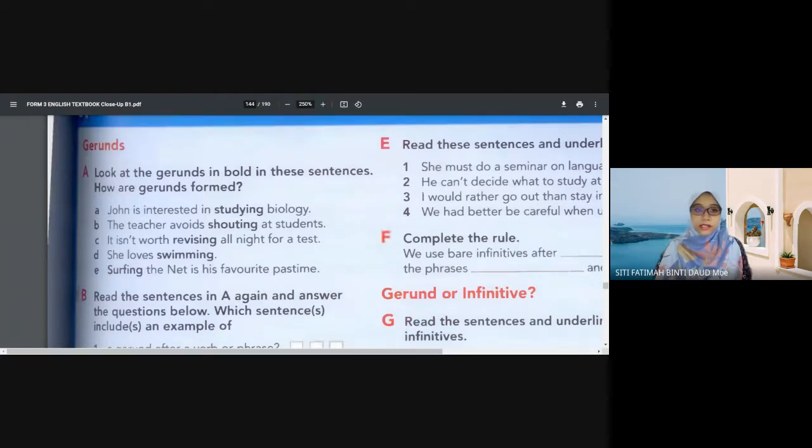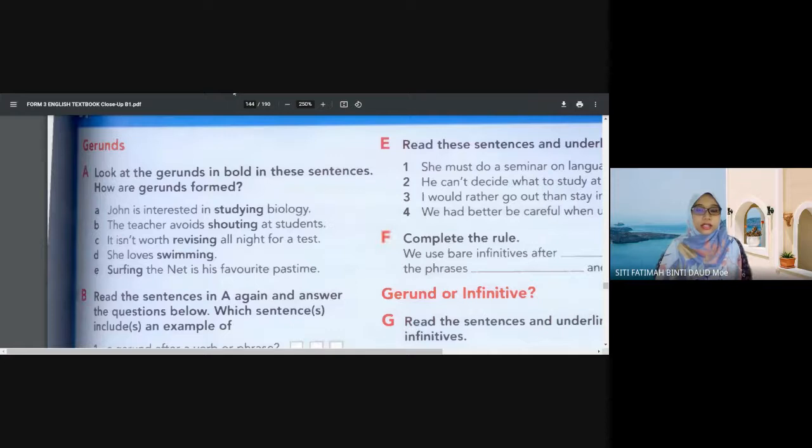She loves swimming. Surfing the net is his favorite pastime. As you can see here, gerunds use ing, but there is no is, are, was, or were, because the function is different. The purpose is different. Interested in studying, avoid shouting, worth revising, love swimming, and surfing the internet.